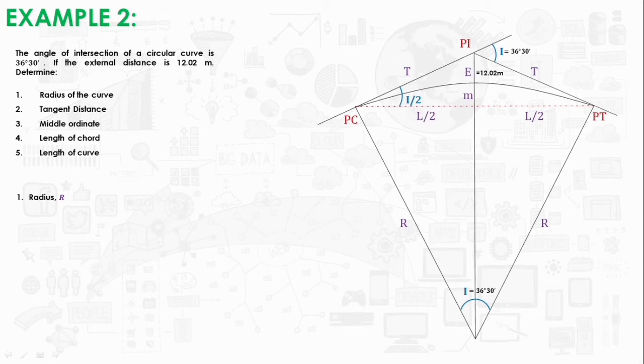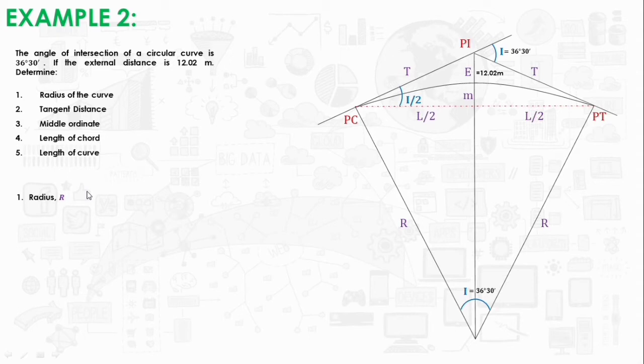So to find the radius, since this is a right triangle, what trigonometric function can we use? We can use the cosine function, which is simply the adjacent divided by the hypotenuse, where the hypotenuse is E plus R. If we use the sine or tangent function, T is unknown and the radius is also unknown.